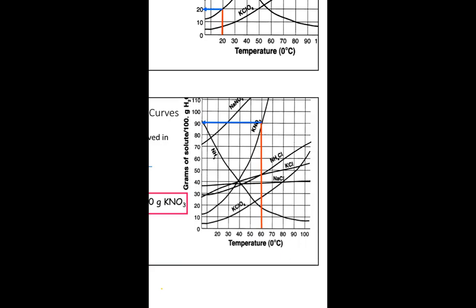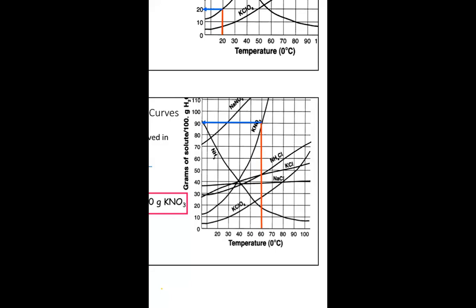Now the 90 grams is an indication that 90 grams of the salt KNO3 can only dissolve in 100 grams of water at 60 degrees Celsius. Because if you look at the y-axis, they said grams of solute per 100 grams of water.